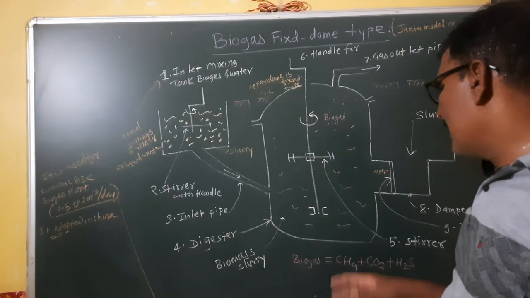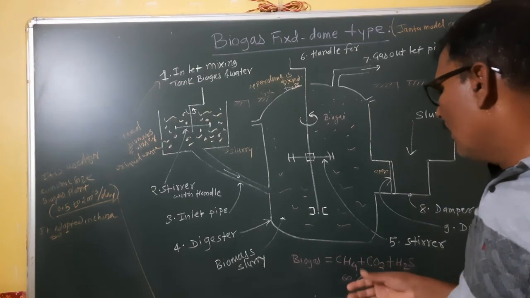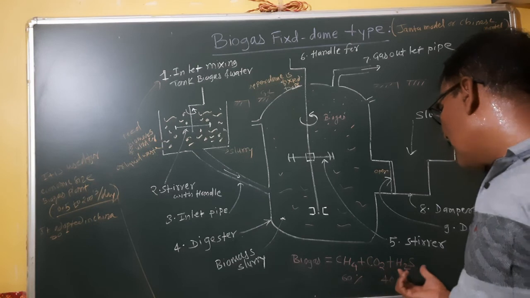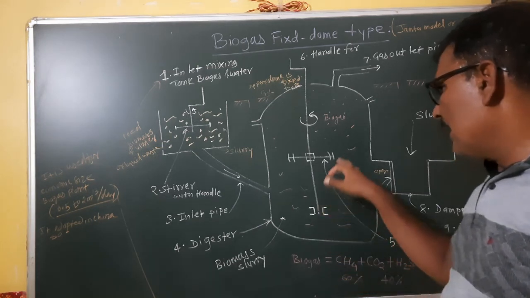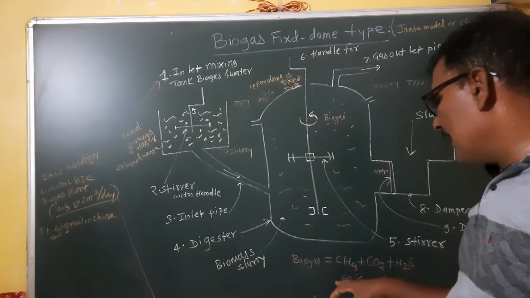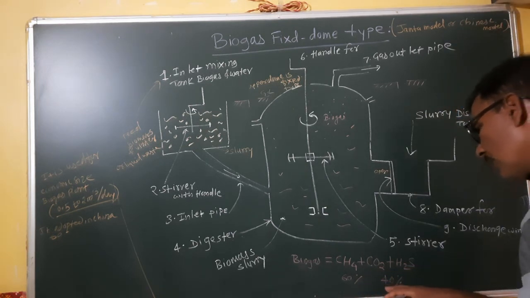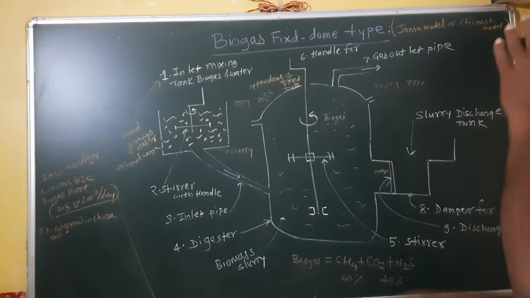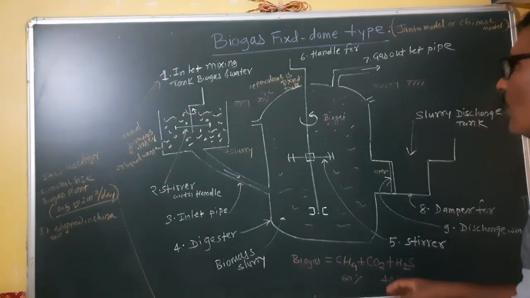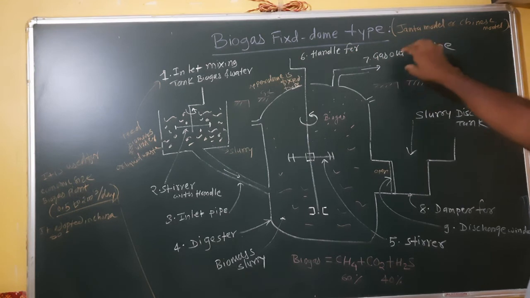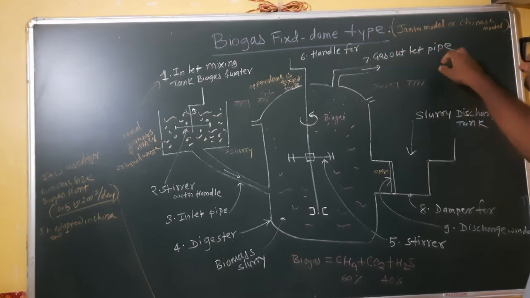And that biogas is nothing but CH4, that is methane, plus CO2 plus H2S, because that gas contains 60% CH4 and 40% CO2 and H2S. And this gas exits through the gas outlet pipe.